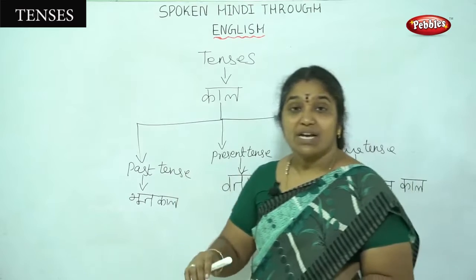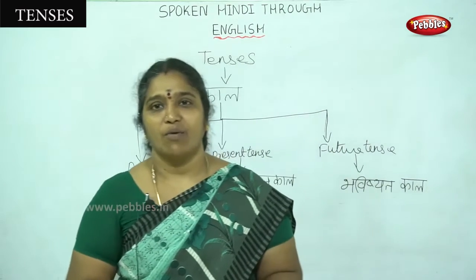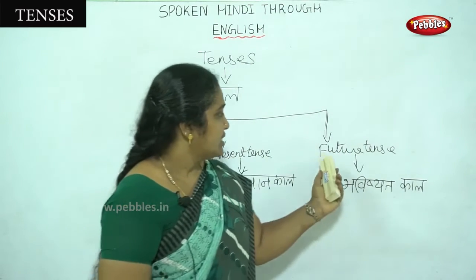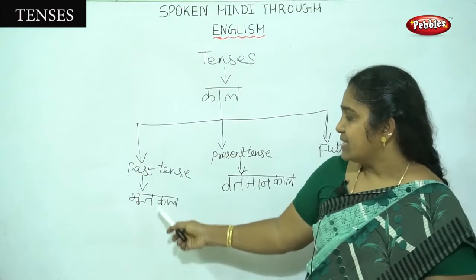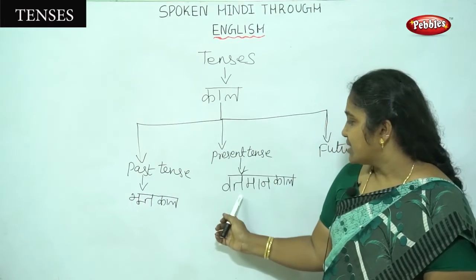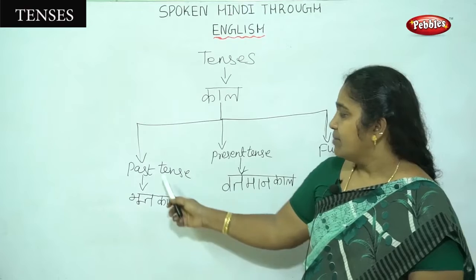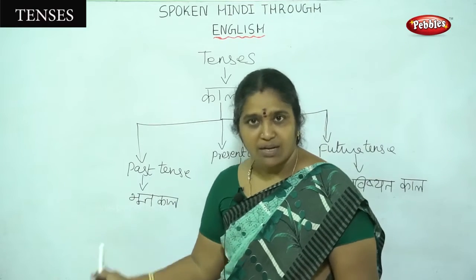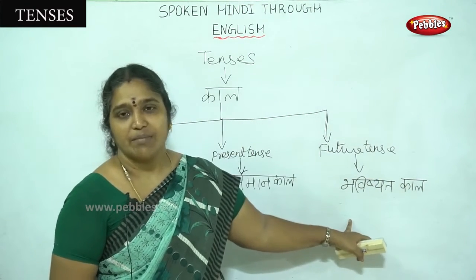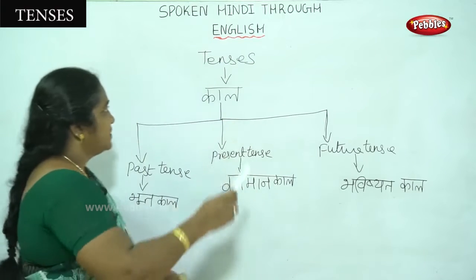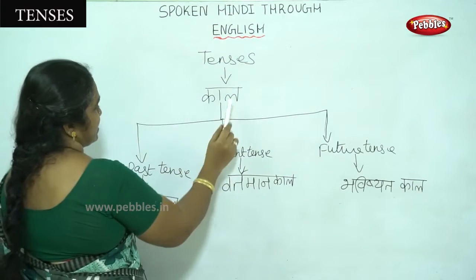The things which will occur in the future are called future tense. In Hindi we call present tense Vartaman kaal, past tense Bhut kaal, and future tense Bhavishyat kaal. Easily we can understand tenses as kaal.